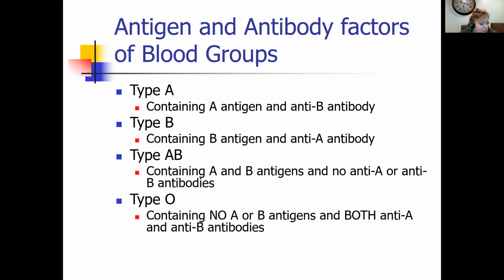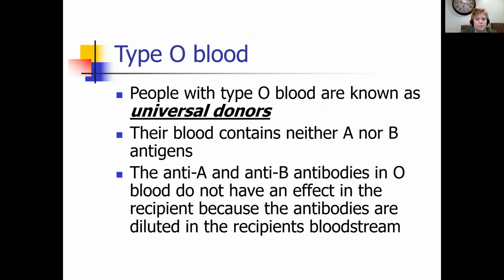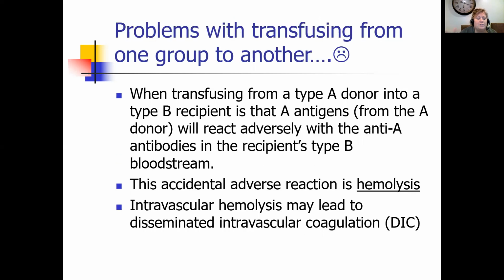So what does this mean? Well, this means that only certain blood groups can donate to other blood groups. Let's talk first about this. When transfusing a type A donor, I have type A blood, and let's say Chris has type B blood, and I think she does actually.